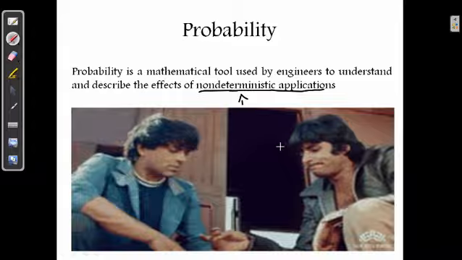Before tossing the coin, you know that the output is either head or tail, but you will not be able to predict which. That is nothing but a non-deterministic application. So you'll be using probability as a mathematical tool to understand the non-deterministic applications.